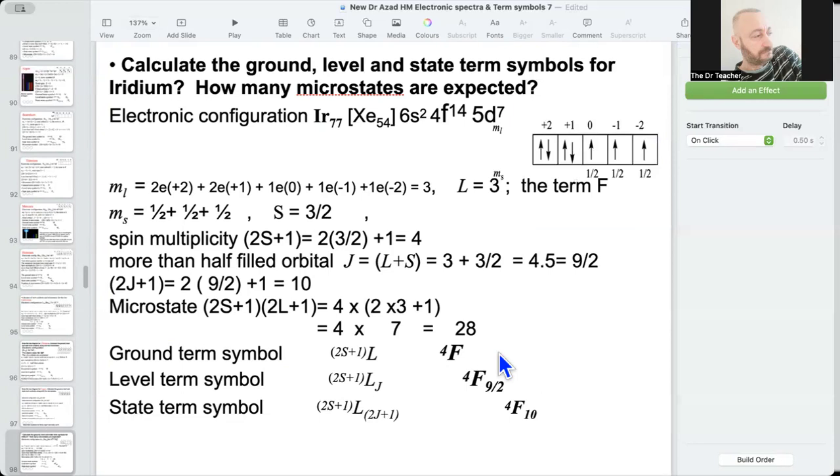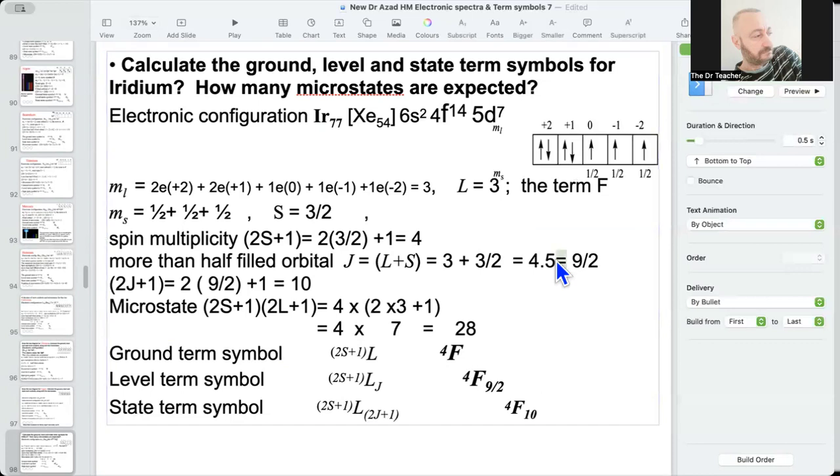We don't have a special case here to explain, so it's straightforward. And just here, you have a 3 plus 1.5 will be 4.5. Only in this case, I want to explain: 4.5 you have to make it fractional, 9/2. You cannot put 4.5 here. It should be 9/2.